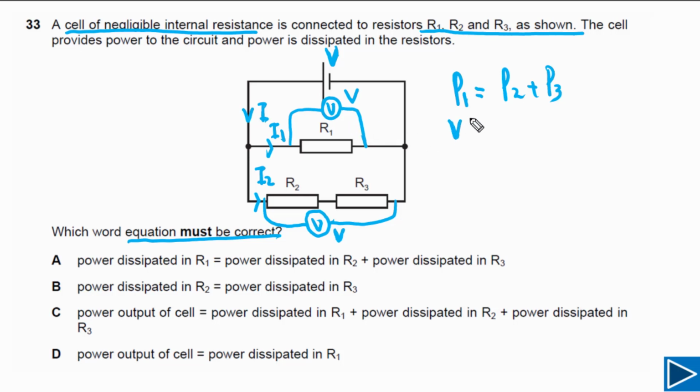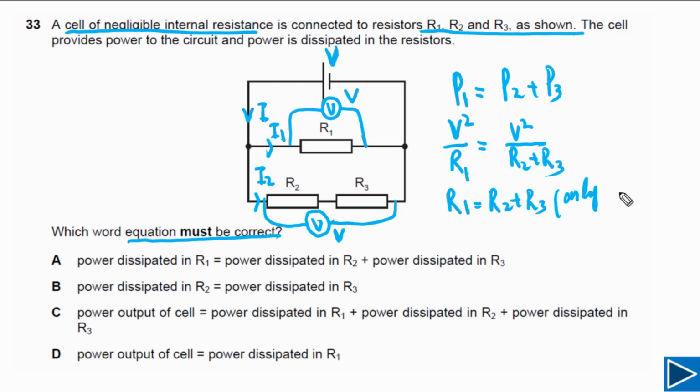So for P1, we can say this is V squared divided by R1. And for P2 plus P3, this will be equal to V squared divided by the total resistance of these two resistors, simply R2 plus R3. And this is only true if R1 is equal to R2 plus R3.